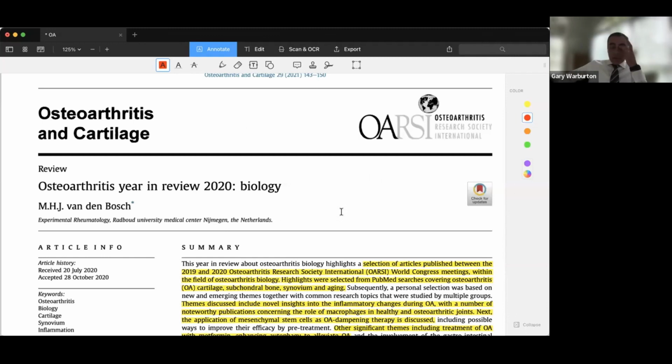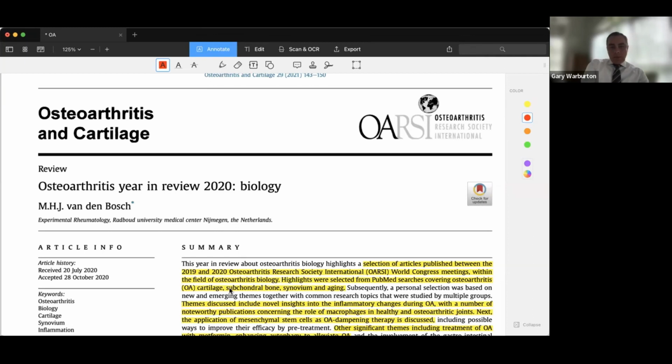So what I came across is this paper that I thought I'd share with you, and we'd walk through a little bit. This is a summary, if you like, of all the published research on the topic of osteoarthritis between 2019 and 2020, the Osteoarthritis Research Society International World Congress meetings.